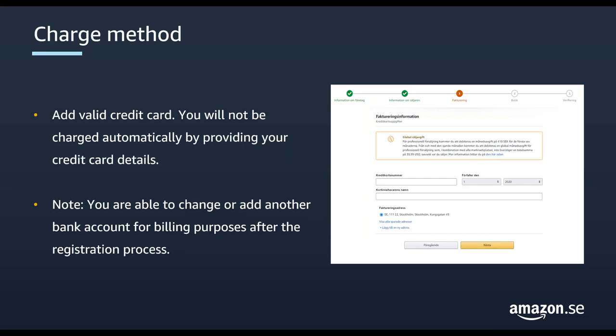After filling in the required information, select Save and Continue to move to the next screen. Note, you are able to change or add another bank account for billing purposes after the registration process.